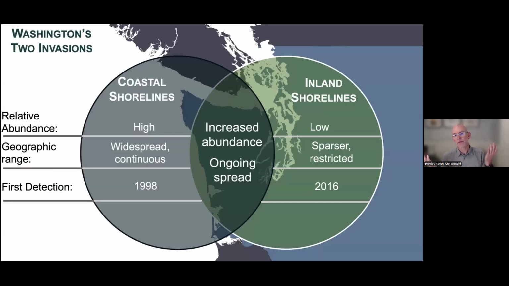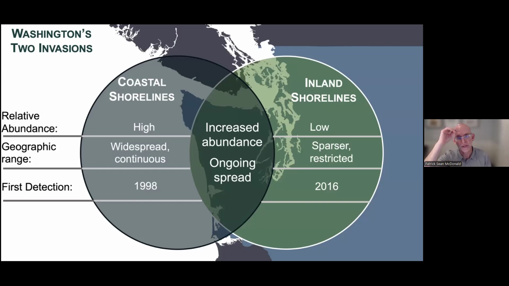So this graphic is really just to highlight that right now, we like to think of what's happening out on the outer coast of Washington and what's happening in the inland waters of Washington state as being fairly different. In the outer coast of Washington, abundance of green crab is extremely high. And that's in part because you can imagine that the coastal ocean is just sort of awash in green crab larvae. There are large populations to the south of us in Oregon and California.